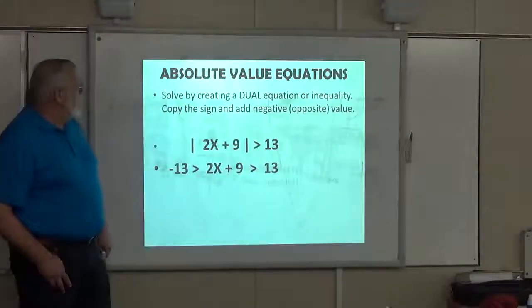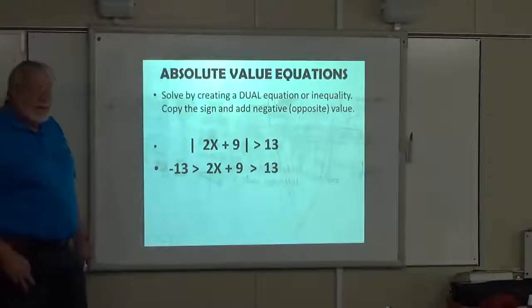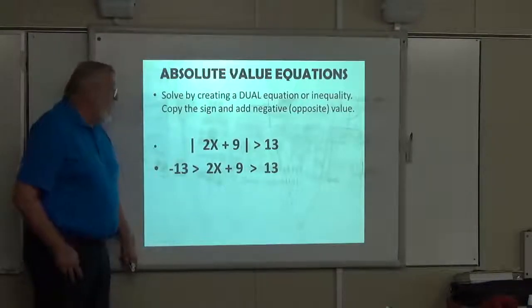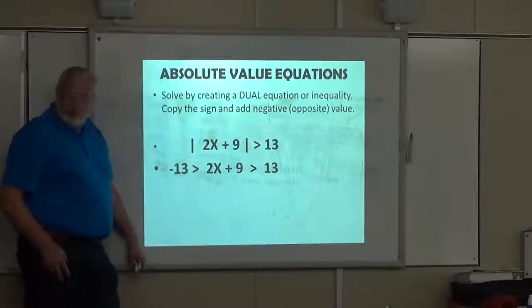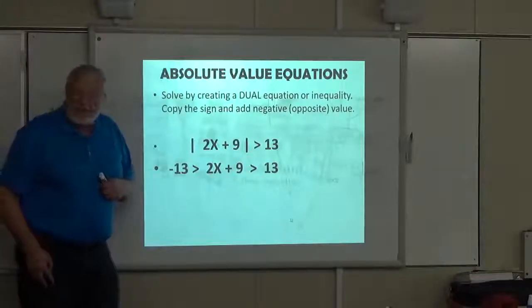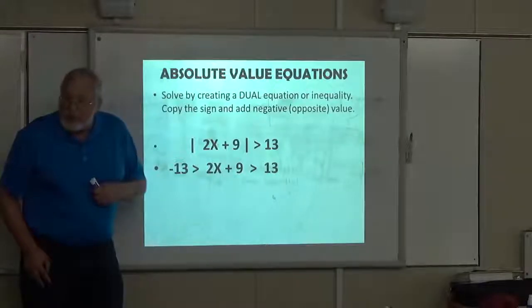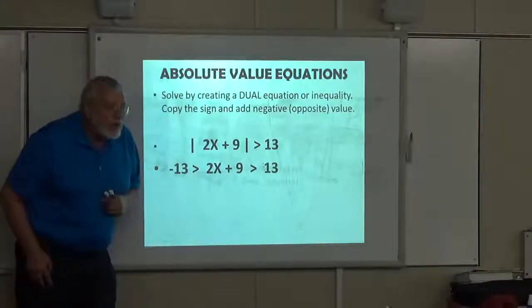Okay, let's move on. Absolute value equations. I happen to like dual equations for algebra. Personally, I do not think that a high school student should do two separate equations because you're smarter than that.